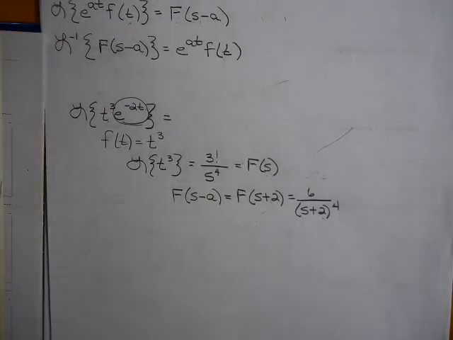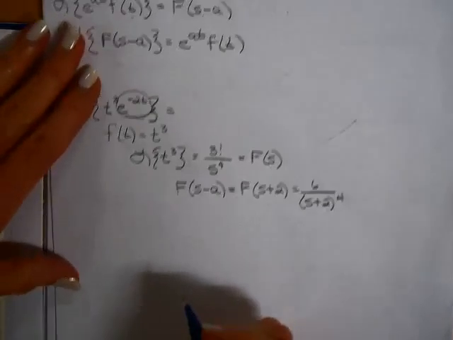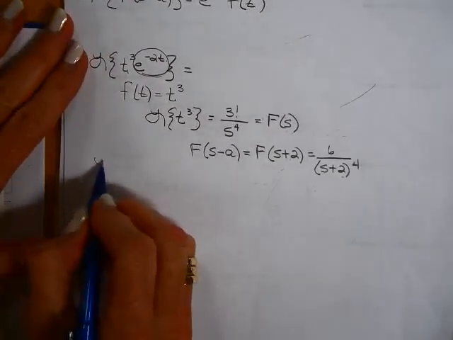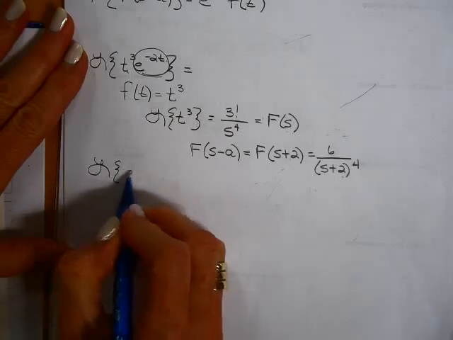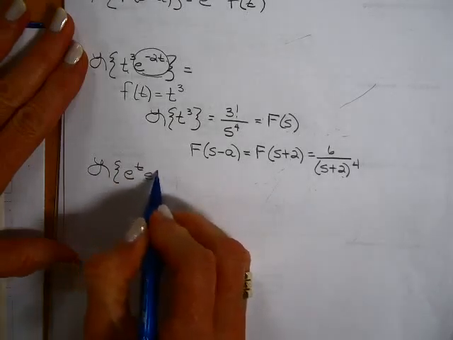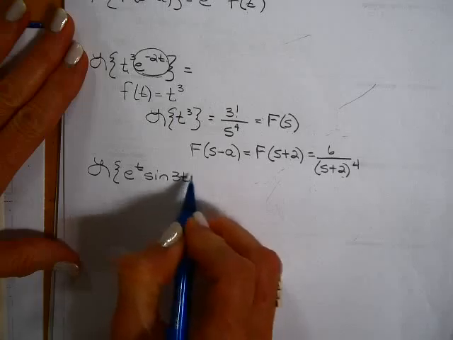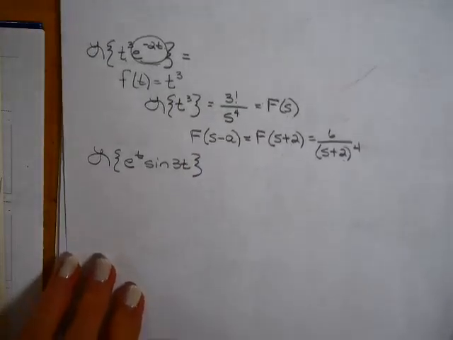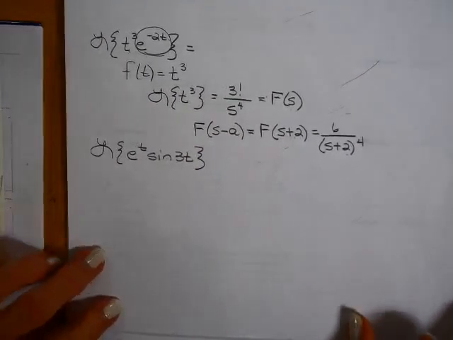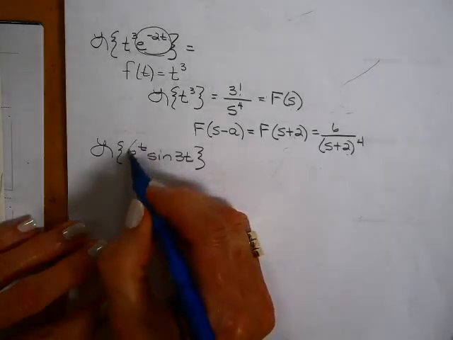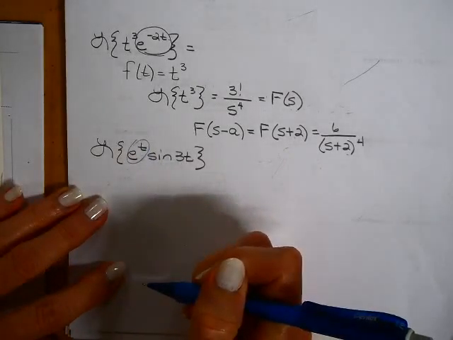Let me look at another example. Let me find the page. Suppose I've got the Laplace transform of e to the t times the sine of 3t. All right, the e to the t represents the shift.